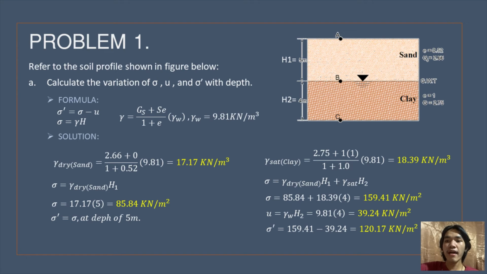Since we have calculated the total stress and the pore water pressure, we can now solve for the effective stress, which is the difference of the total stress and the pore water pressure, which is 159.41 minus 39.24, which is 120.17 kilonewtons per square meter.